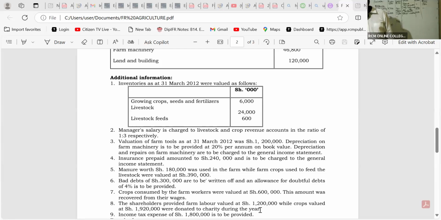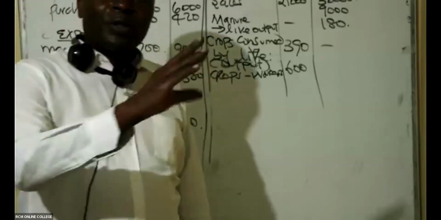The shareholders' labor is very general because it is not specific to any biological asset, so you shall not bring it here. But the crops that were donated are very specific to a biological asset. Crops valued at 1920. Something is getting out of our system.